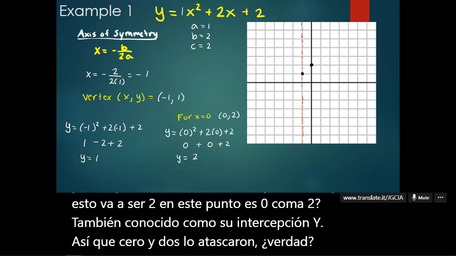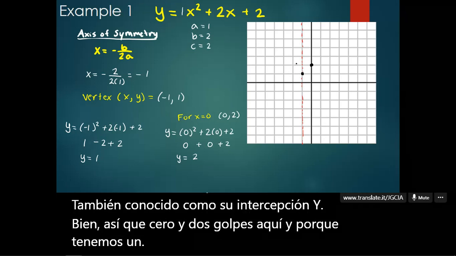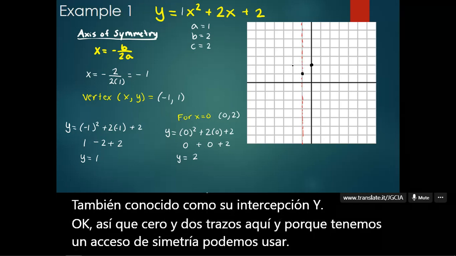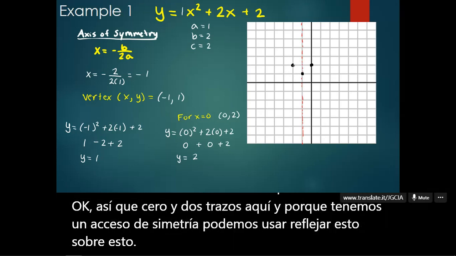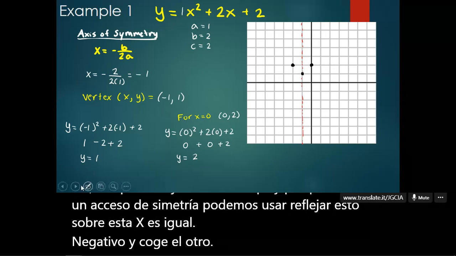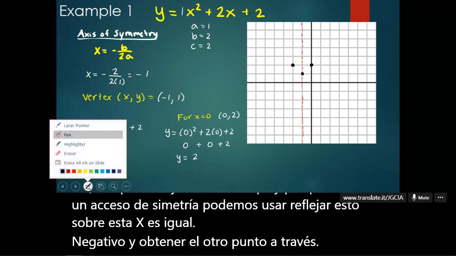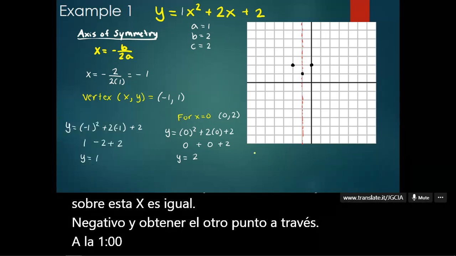And because we have an axis of symmetry, we can just reflect this about this x equals negative 1 and get the other point across. Alright, one more point, and this one's going to be for x equals 1.